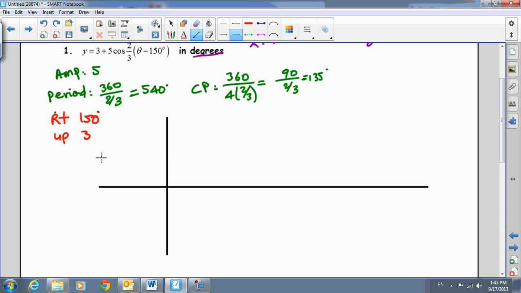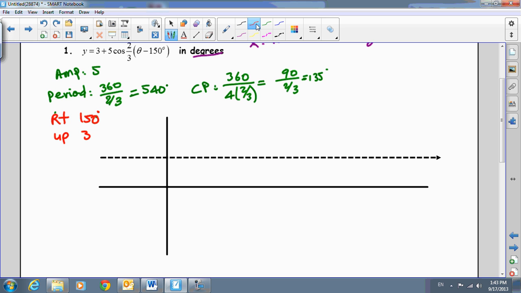So imagine this is 3. Above 3, I'm going to reach 8, and below 3, I'm going to reach negative 2. So this is 8, this is negative 2. The reason I get 8 is because I'm adding the amplitude to 3 to get the highest point, and I'm subtracting the amplitude from 3 to get the lowest point.